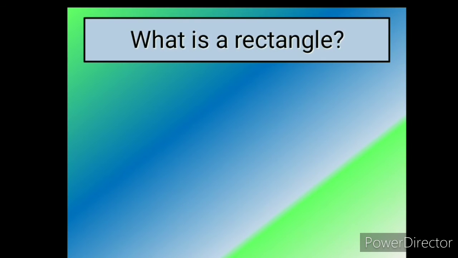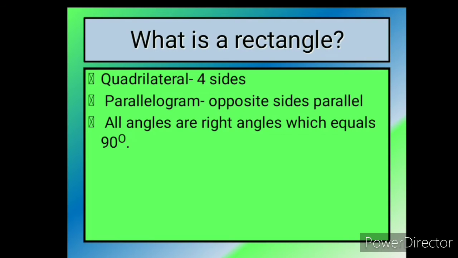Opposite sides are equal and parallel. Next type is rectangle. It is familiar to you. What is a rectangle? It is also a quadrilateral because it has four sides. It is one type of parallelogram, it belongs to the parallelogram family. Got it? Opposite sides are parallel.